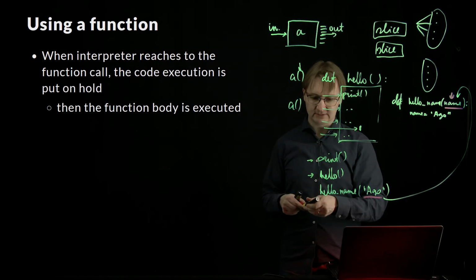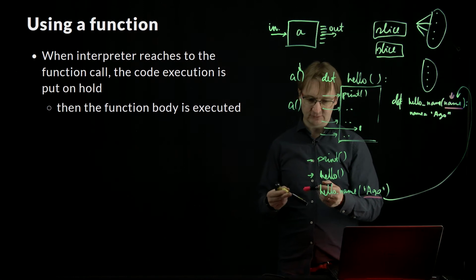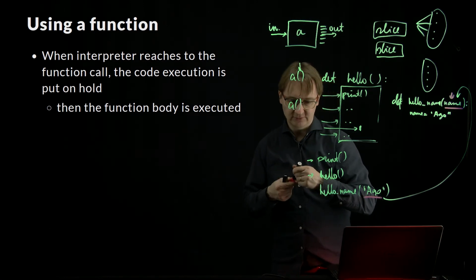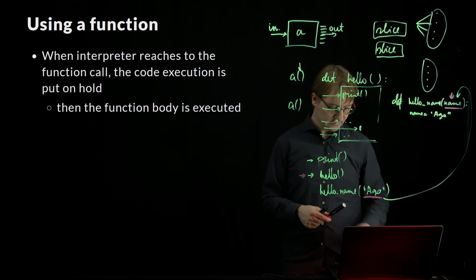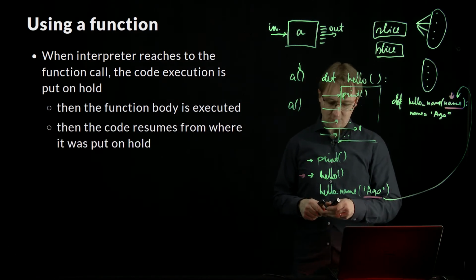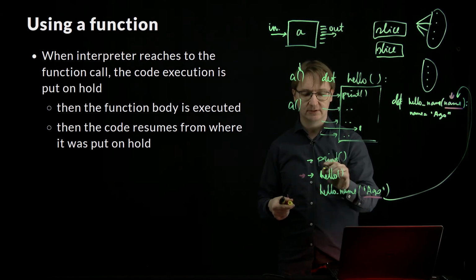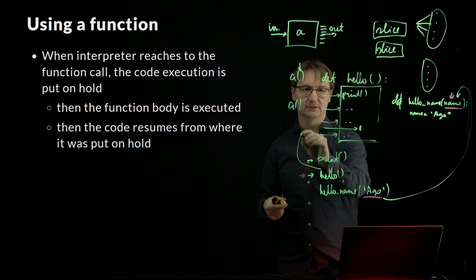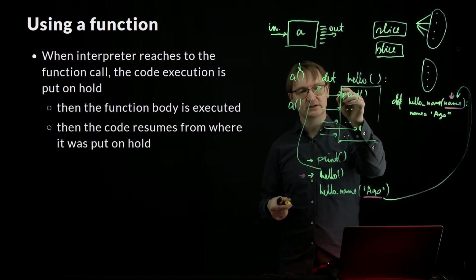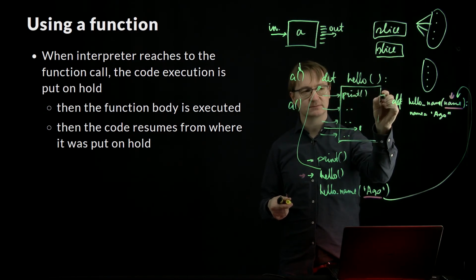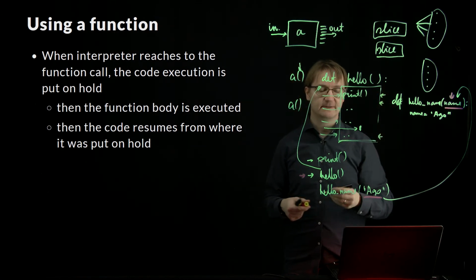Now the interpreter knows that we have to hold on here. Let's draw it with a different color. And we now have to find the function called hello, and I will go here. Now what happens is that I execute this function. I will just execute the first line, second line, let's say there are 4 lines.